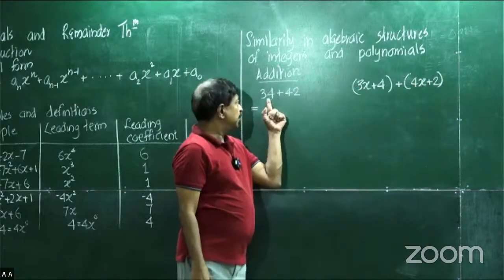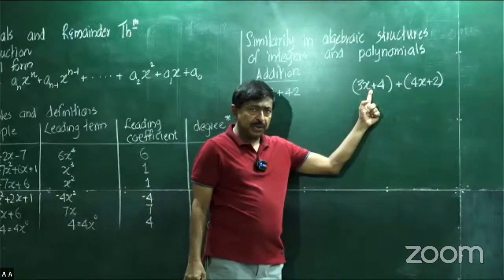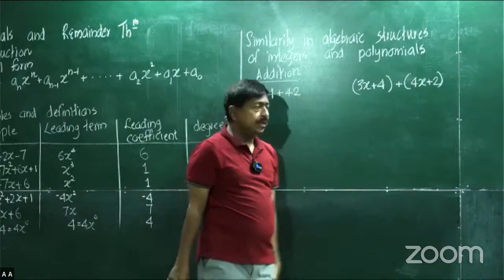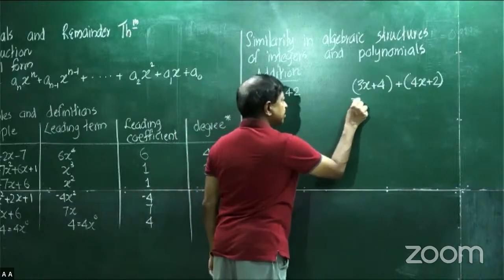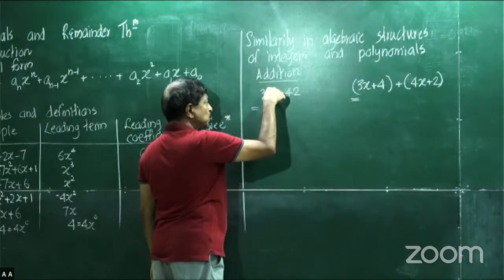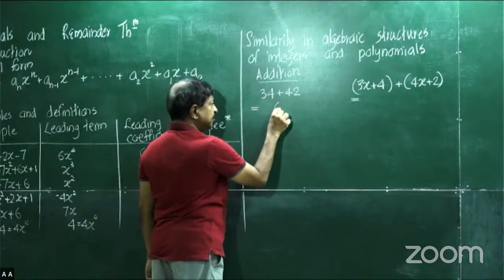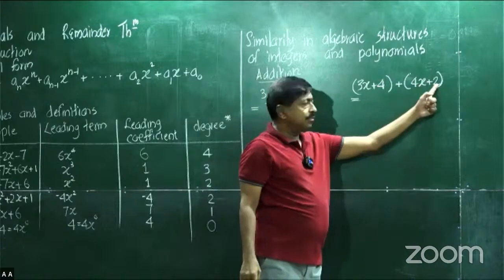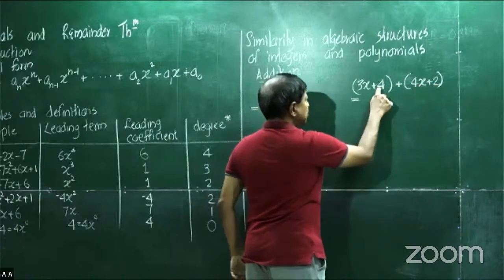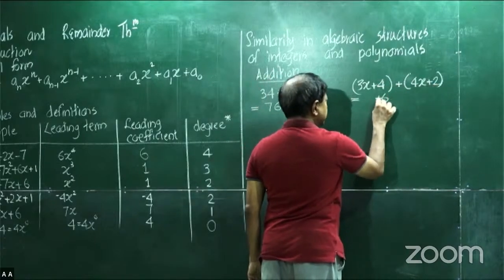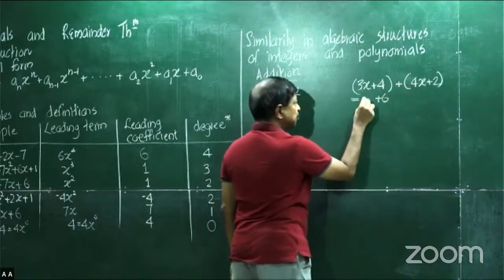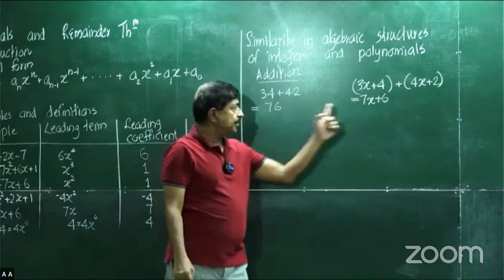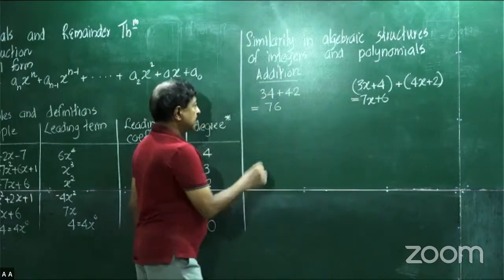You can see that 3, 4 goes hand in hand with this one, 4, 2 goes hand in hand with that 4, 2, like that. So here when you add them, 4 plus 2 is 6, 3 plus 4 is 7. Here, when you add similar terms, 4 plus 2 is 6, so 3x plus 4x is 7x. You can see that this is 76, this is 76.